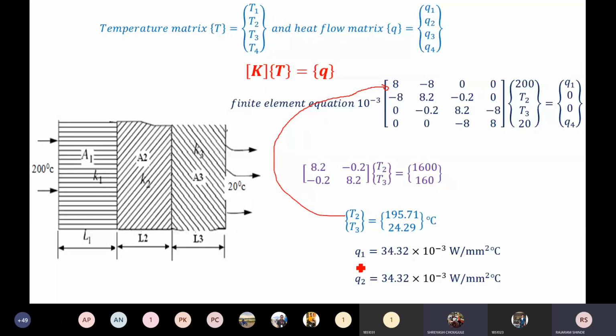Directly you will get the value of Q1. Next, this T3 you put in the last equation, that is minus 8 into T3. Here you use this value, and plus 8 into 20 is equal to Q4. That will give the direct value of Q4.